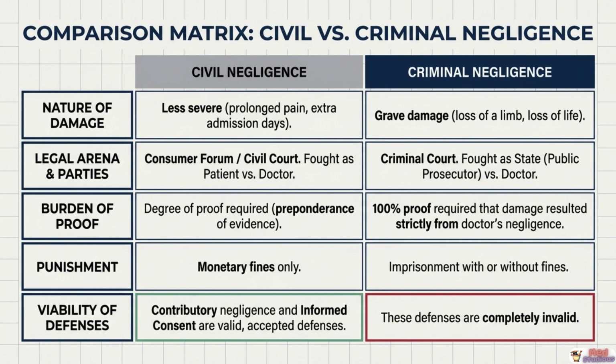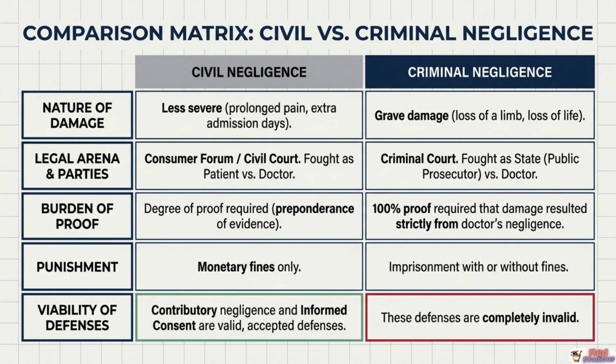Not all medical negligence is equal in the eyes of the law. Depending on the severity of harm and the degree of culpability, a negligent doctor may face civil proceedings, criminal prosecution, or both. Understanding the critical distinctions between these 2 tracks is essential for any practicing physician. Civil negligence typically involves less severe outcomes: prolonged pain, unnecessary hospital admission, temporary disability.